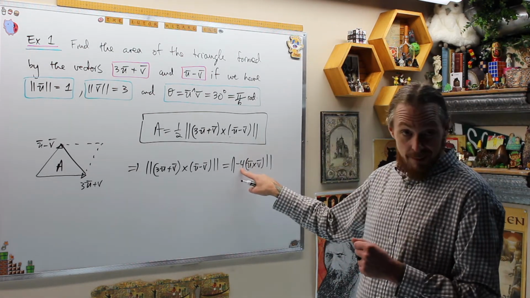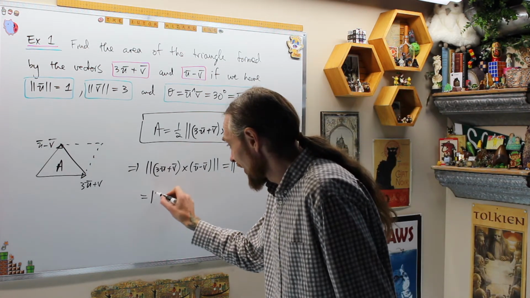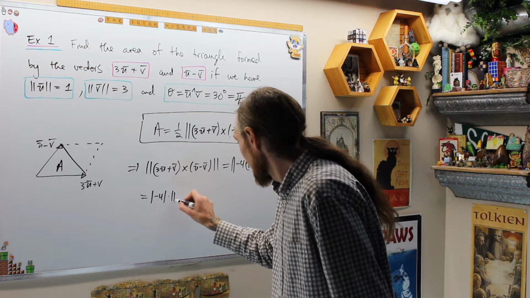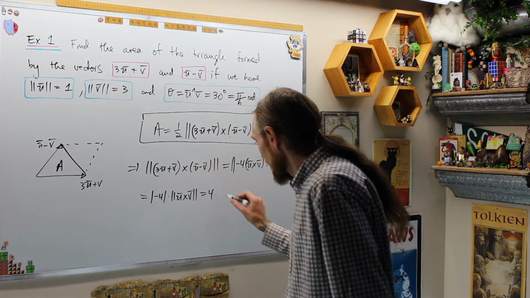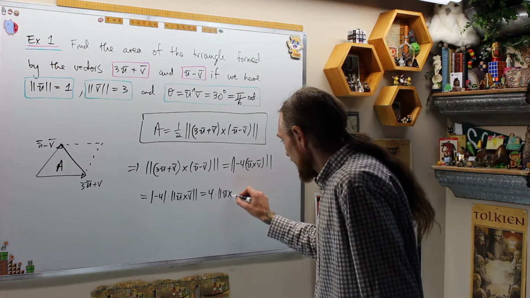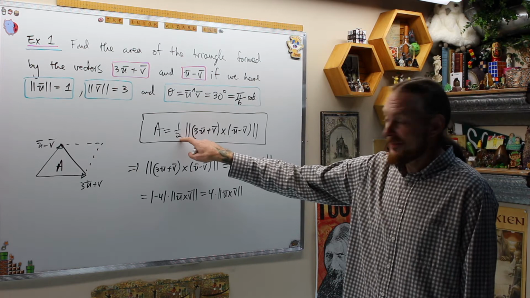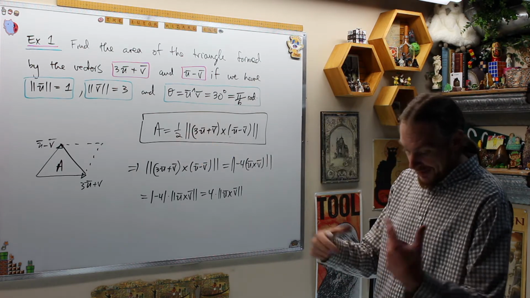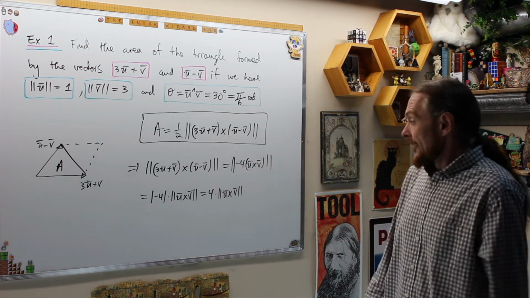When you have a number, you can take the number out in absolute value. So this is going to be equal to the absolute value of negative 4 times the norm of U cross V, which is 4 times the norm of U cross V. I know I didn't forget the 1/2, just a second. I'll recap and remember what they were asking after I do all of these moves.